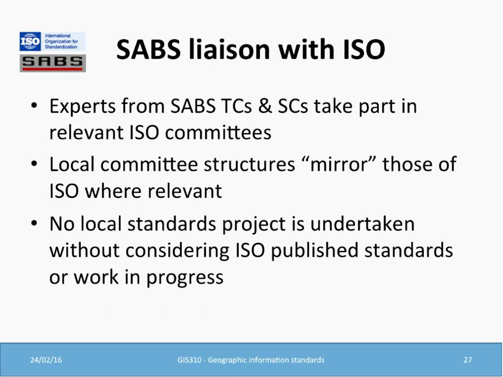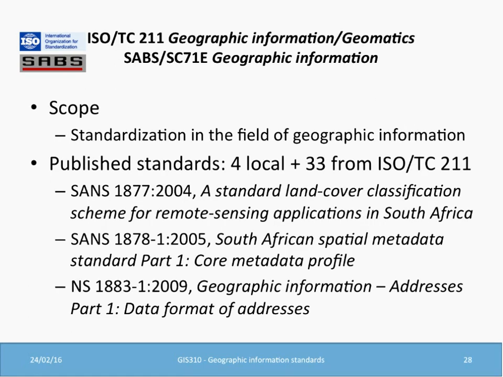Okay, so there's a partnership between ISO and SABS, which we call the mirror committee, so that's your local people. We have the SABS TC211 group as well, which deals with geographic information. There was actually a meeting this morning. There are 2 standards currently being developed.